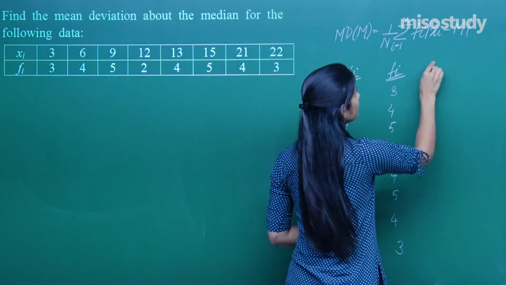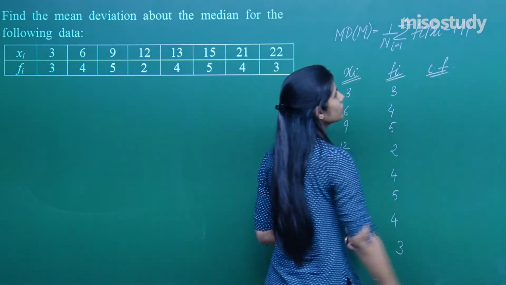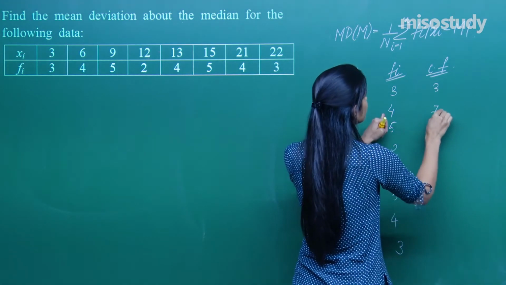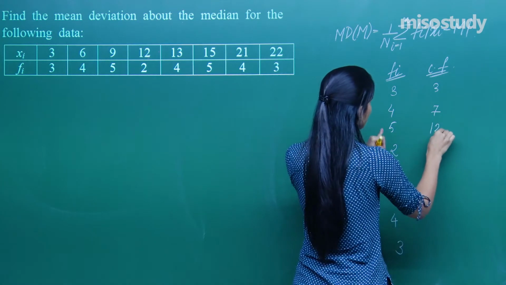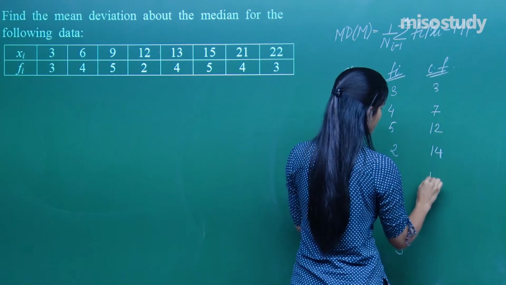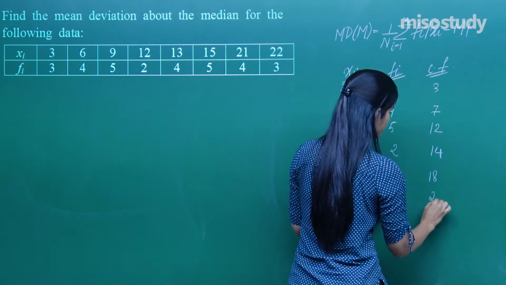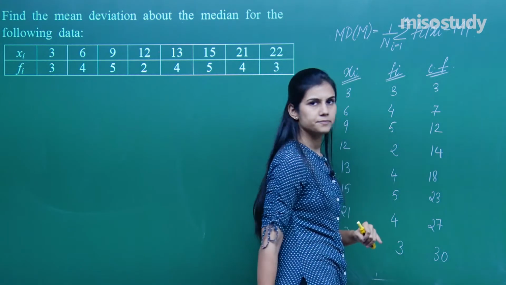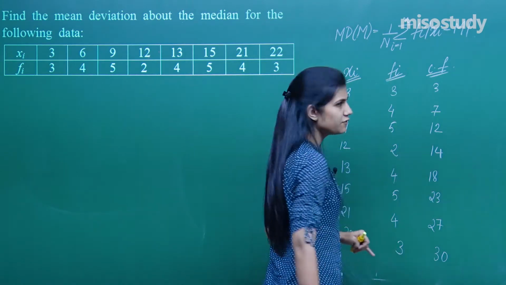Clear? In order to compute the median, I need to compute the column for cumulative frequency. This is 3, 3 plus 4 is 7, 7 plus 5, 12, 12 plus 2, 14, plus 4, 18, 23, 27, 30. This is my cumulative frequency.